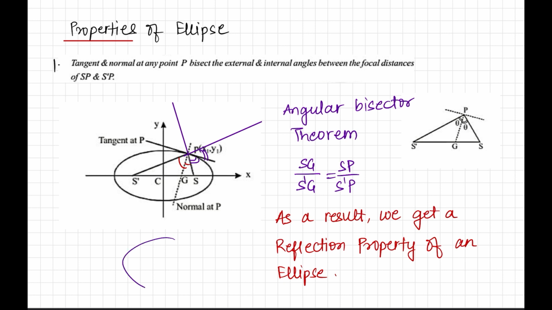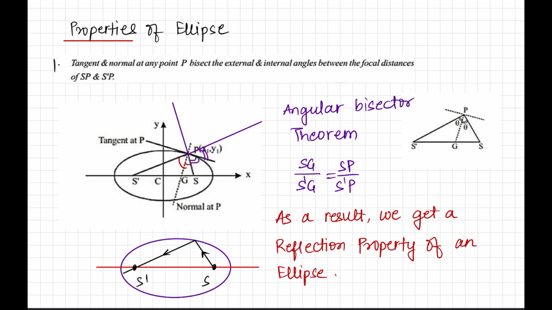So suppose we have drawn this ellipse here and this is the axis of the ellipse, and say these are our two foci, this is S and this is S dash. According to the reflection property, if a ray of light is coming from one focus and it gets reflected from the inside of the ellipse, after reflection it will pass through the second focus.